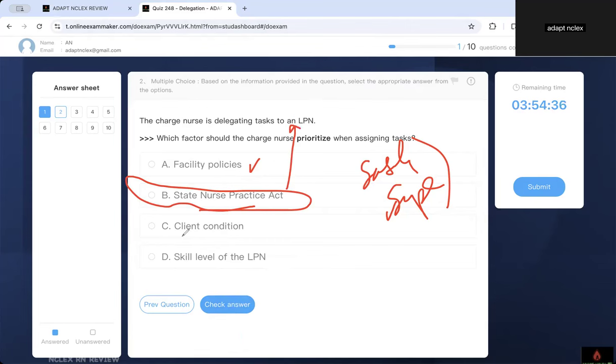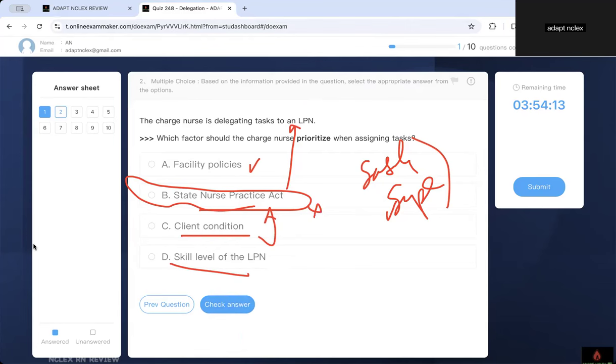Think about it. Client condition: the charge nurse will think about it and say, hey, this patient is sick, this one is not sick, I can't give it to the LPN. But does that trump your state's Nurse Practice Act, your Bible? Of course, you can be experienced, but does that also trump this? Yeah, that's a problem.